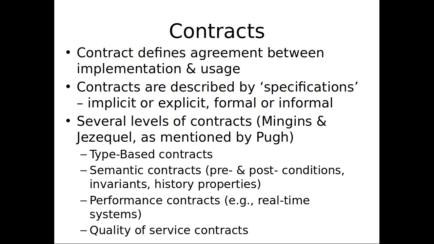Over the years, they've gotten a bit more formal, a bit more standardized, and there are systems where they are getting very formalized to the point you can automatically prove correctness.